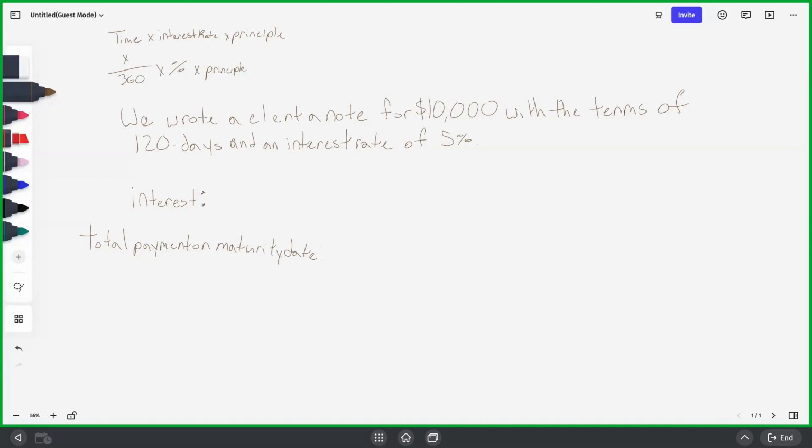So we are finding two things. One is the interest and one is the total payment. Okay, interest, total payment. I'm gonna do this.